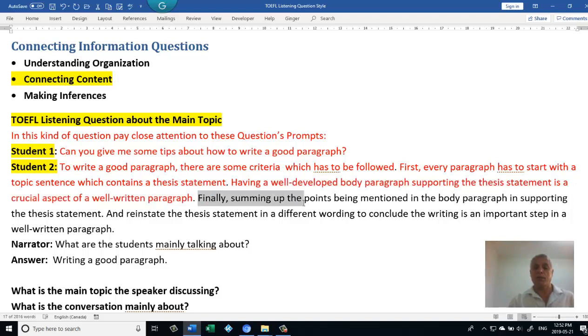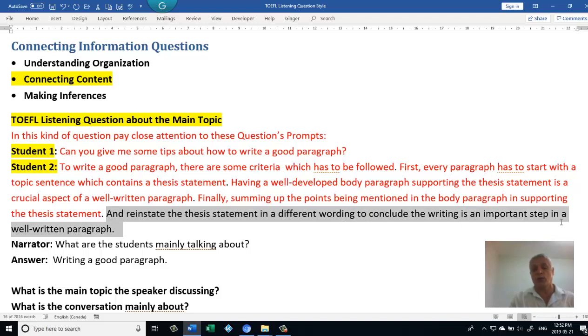Finally, summing up the points mentioned in the body paragraph supporting the thesis statement, and restating the thesis statement in different wording to conclude the writing, is an important aspect of a well-written paragraph.